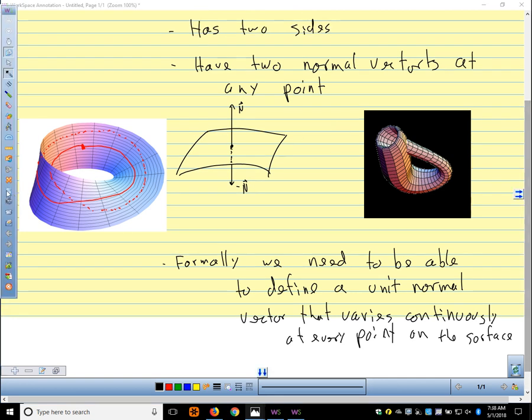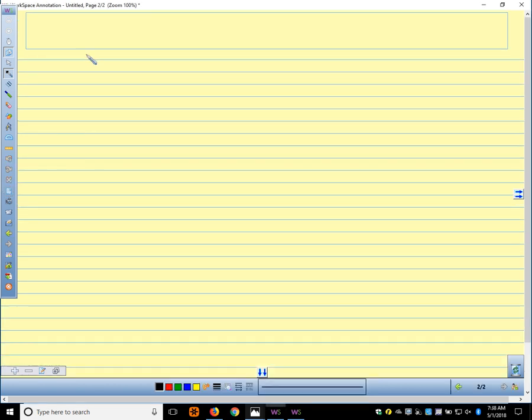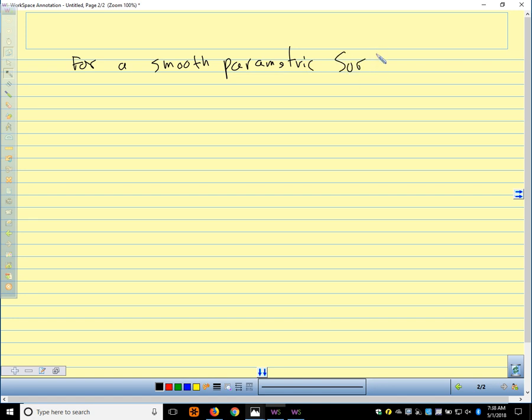Oriented surfaces. For a smooth parametric surface r of u and v, our unit normal vector we know is r sub u cross r sub v over the magnitude of that.